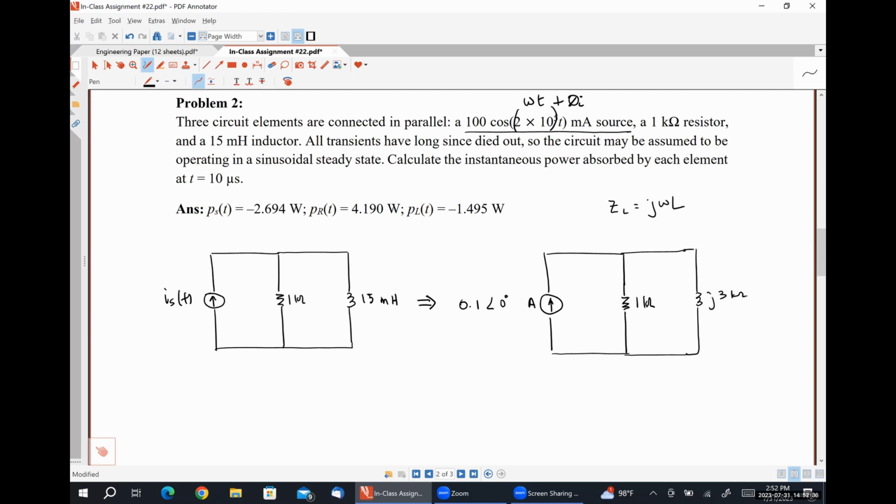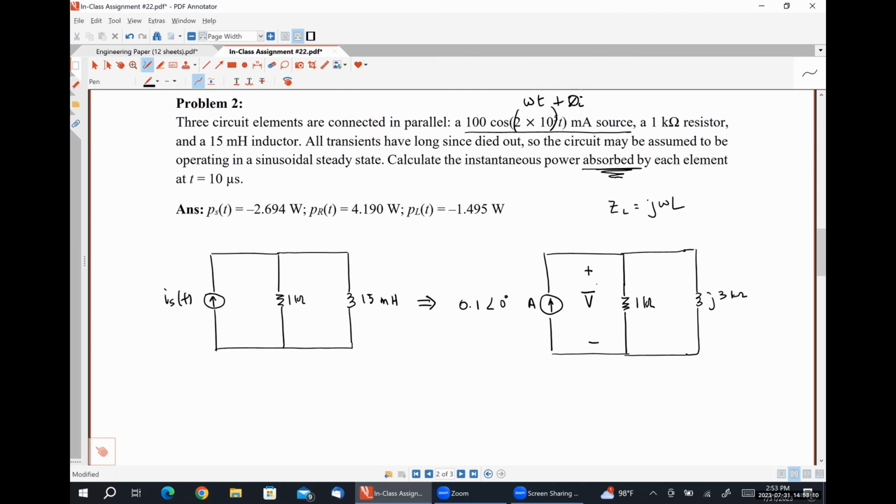We are now trying to find the instantaneous power absorbed by each of these elements at a specific period in time. Okay. So I want to point something out here. We're looking for power absorbed. So I believe that if we can find this phasor voltage V, that should be all of the additional information that we need.